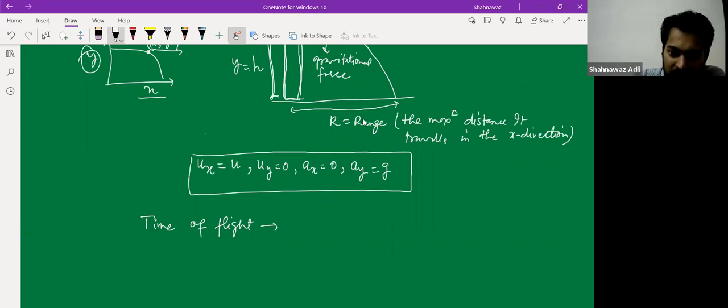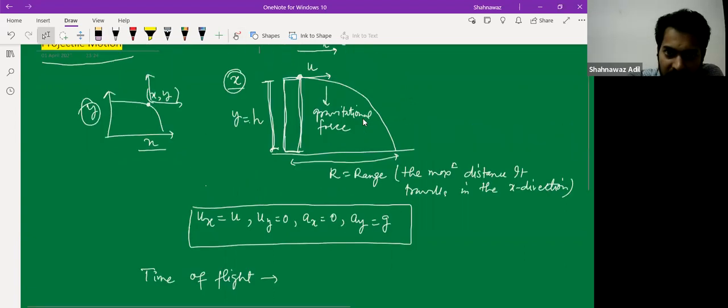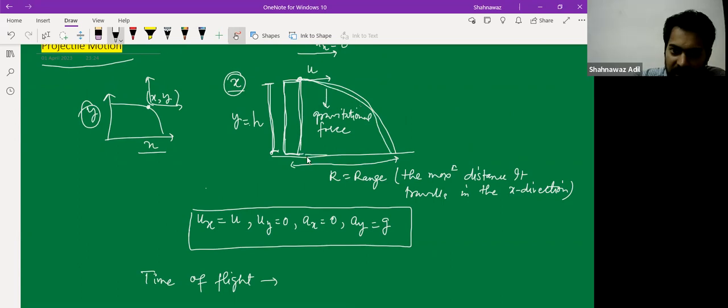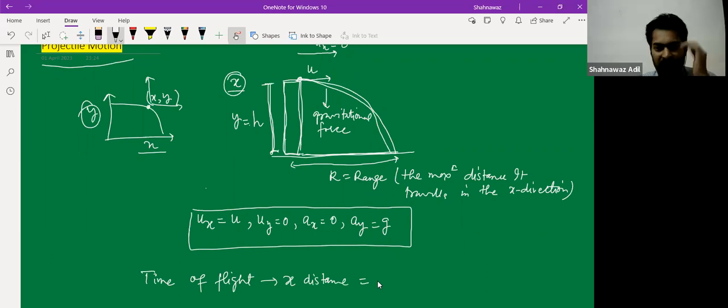So let's say the object covers this distance and comes here, the horizontal direction R. So for time of flight, let's say t, your x distance is what? R, na? Right.